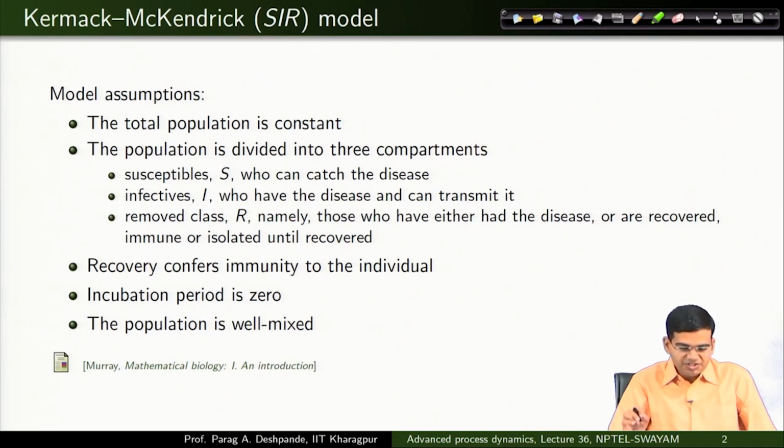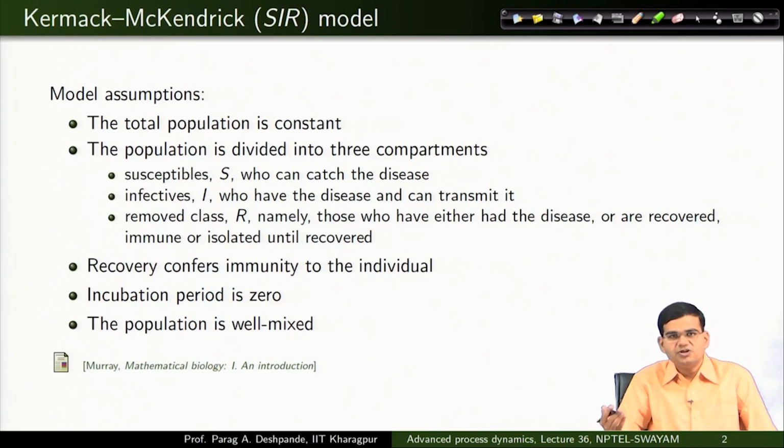Finally, the population is well mixed. For COVID-19, for example, it makes sense. The population being well mixed means that there is an equal probability of every individual coming into contact with the other individuals in the population, thereby spreading the disease via infection. Again, in case of COVID-19, this assumption holds true.